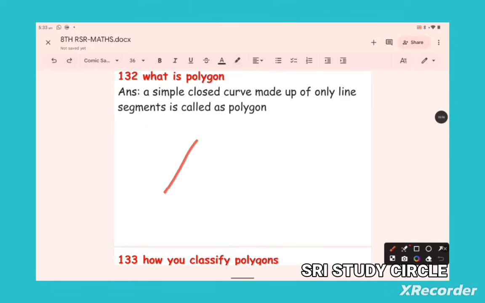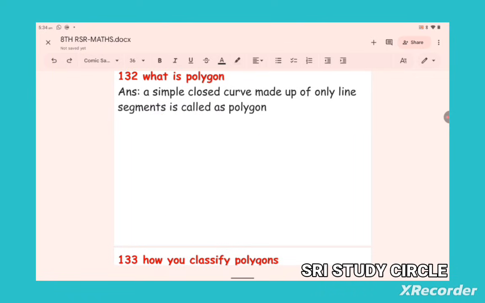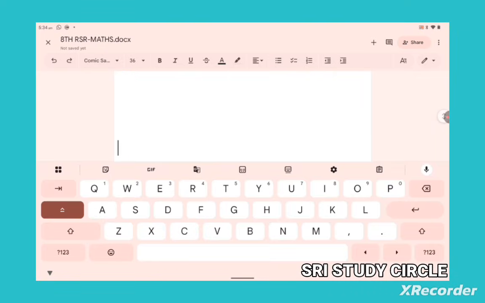See here, all line segments. Suppose A, B, C, D, E. All 5 line segments: AB, BC, CD, DE, AE. A simple closed curve made of only line segments is called a polygon. Here this polygon has 5 sides.